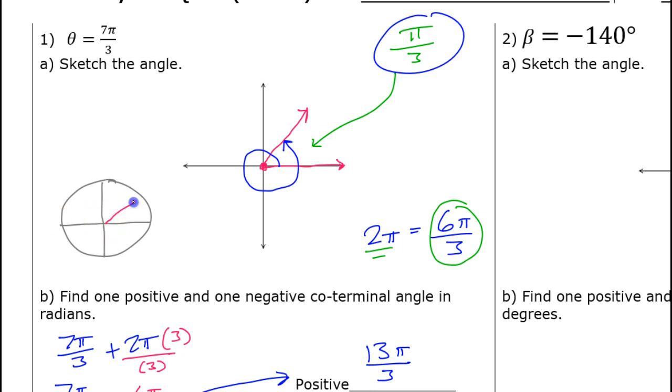So if you're in the first quadrant, then the reference angle is just going to be the angle itself. But if you are in the second quadrant, really in standard position your actual angle is like this, but the reference angle is this angle over here.